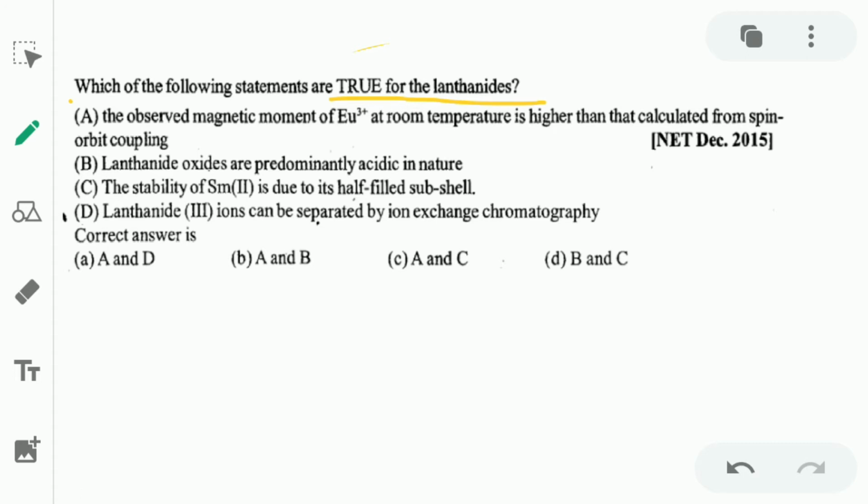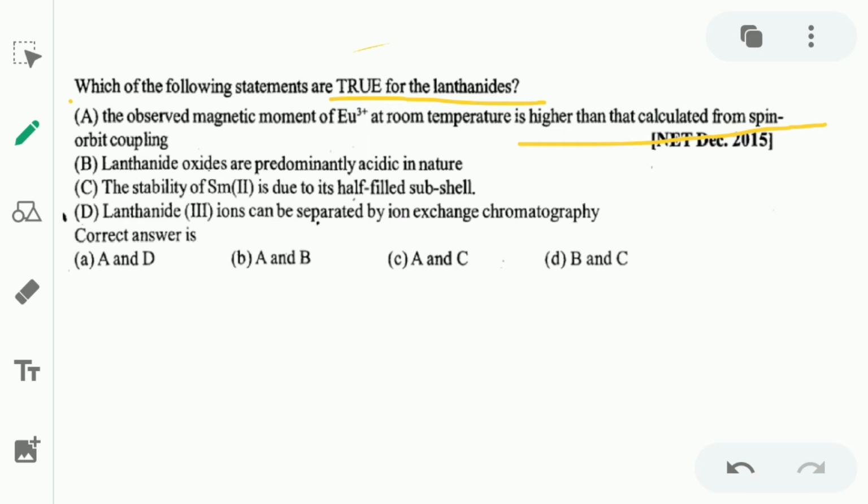So we have to carefully read all the statements given below at first. The first statement is the observed magnetic moment of europium 3+ at room temperature is higher than that calculated from spin orbit coupling.